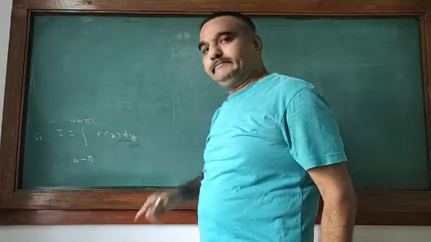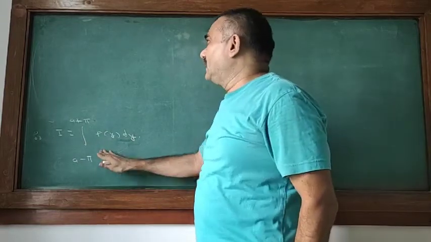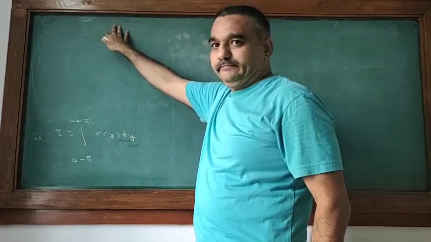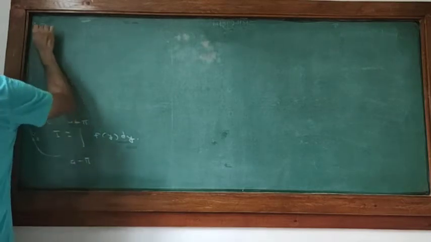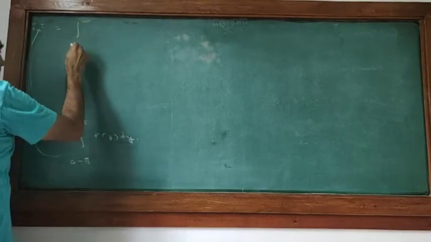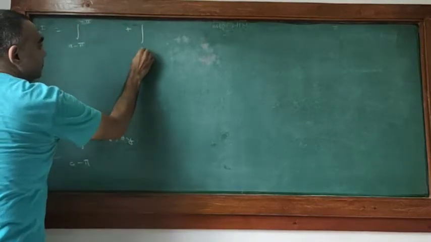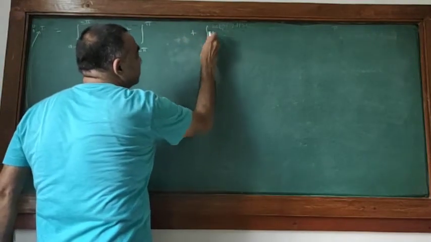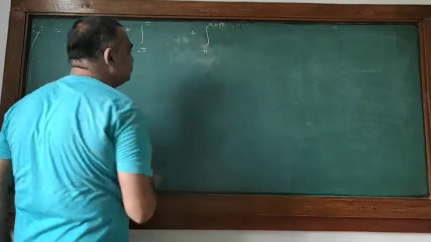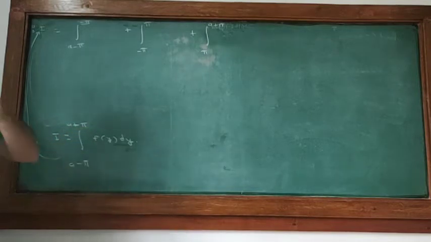Now we split this integration into 3 parts. I am writing it here again. How do I split this into 3 parts? The next step is the integral from a minus pi to minus pi, then minus pi to pi, and pi to a plus pi. A minus pi to a plus pi, 3 parts.